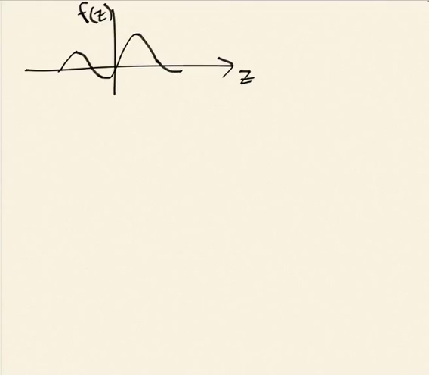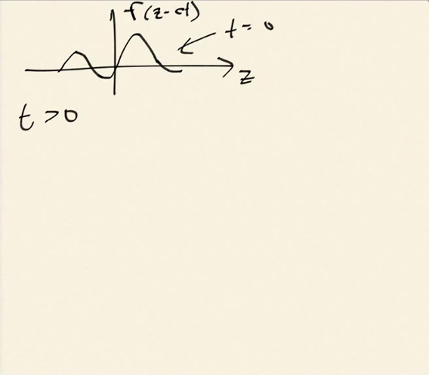So this I'm going to say is some function f of z minus ct. This is for t equal to 0. The pattern looks like this. The fact that the function only depends on z minus ct essentially means the pattern will propagate unchanged along the z-axis.